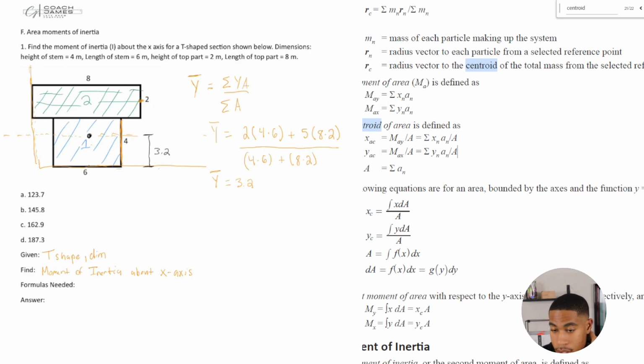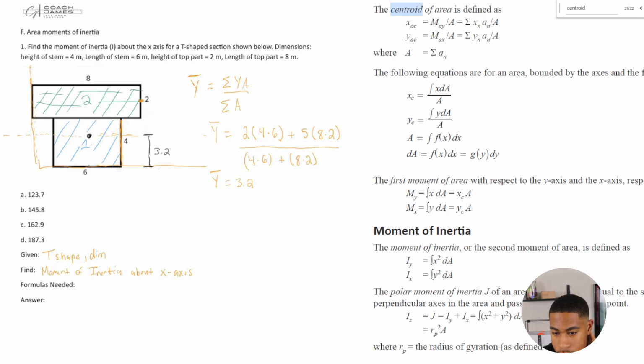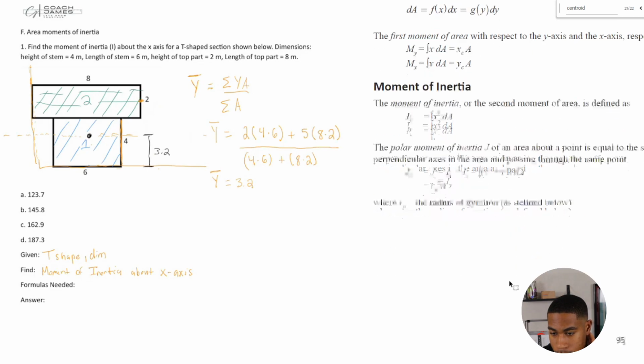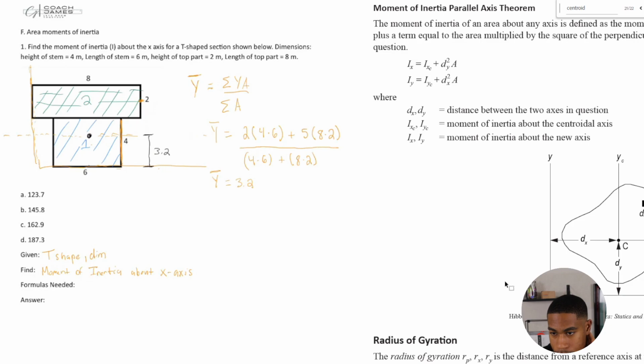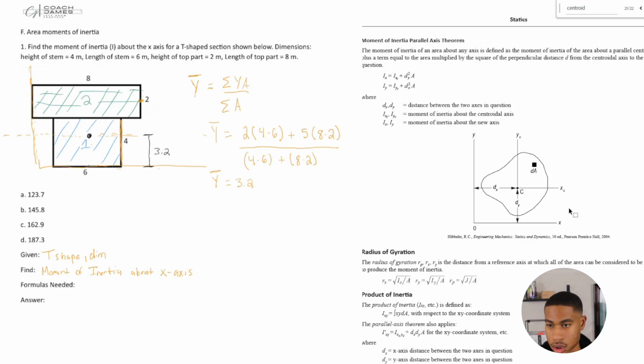All right. The next step is going to be for us to get the moment of inertia. So when we're looking for moment of inertia, there's something called the parallel axis theorem. Hopefully you can read it.